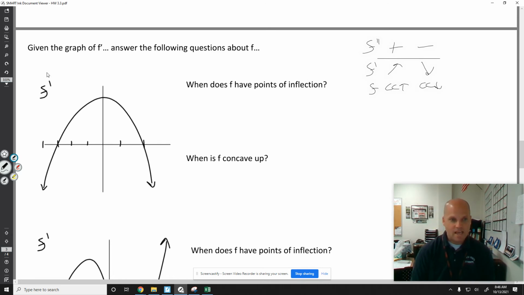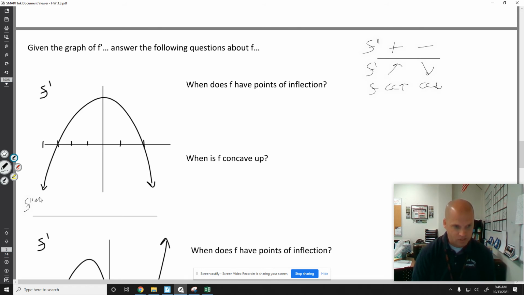All right. If I'm given f prime, there are two things that I could get. I could look at f double prime signs.